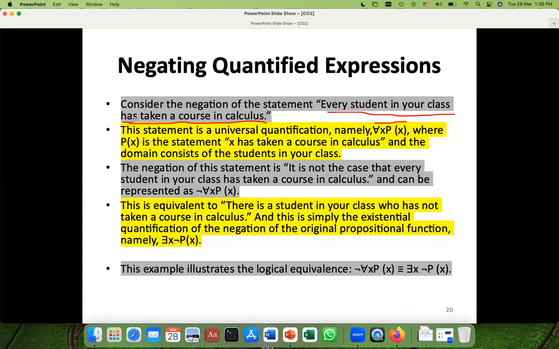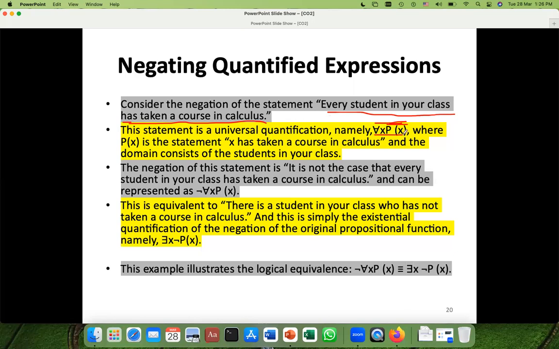So you can start from here: has taken a course in calculus. You can replace this with P, and x is P of x. This represents the whole sentence: x is a student in your class who has taken a course in calculus. Or you can simply say x is a student, x has taken a course in calculus.